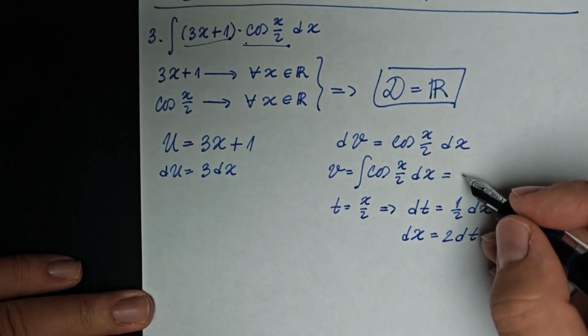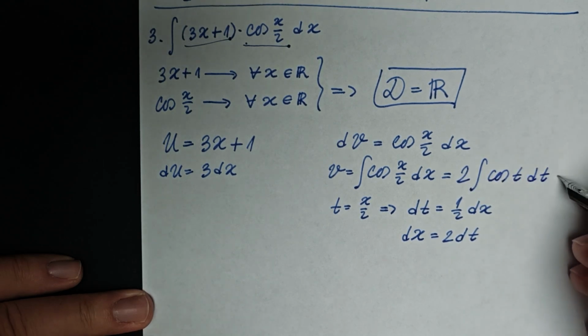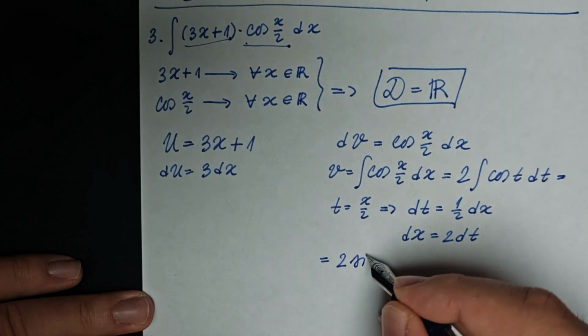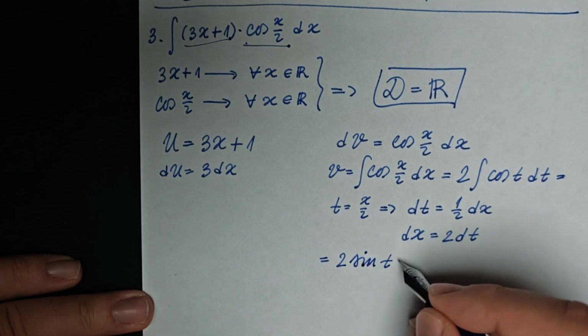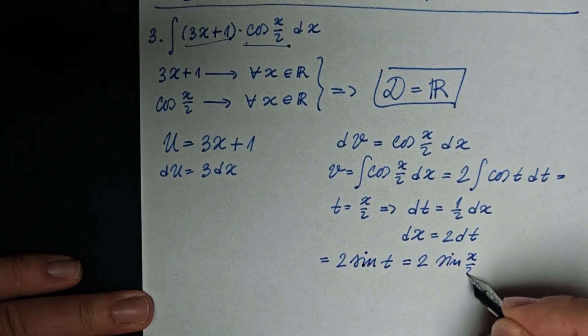So this integral then becomes 2 integrals of cosine t dt. That is a table integral and it is sine of t. This is just 2 sine of x half.